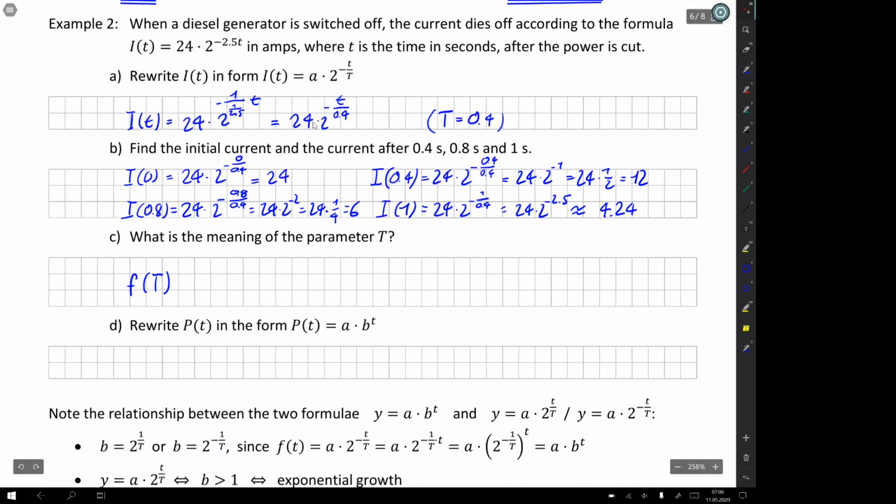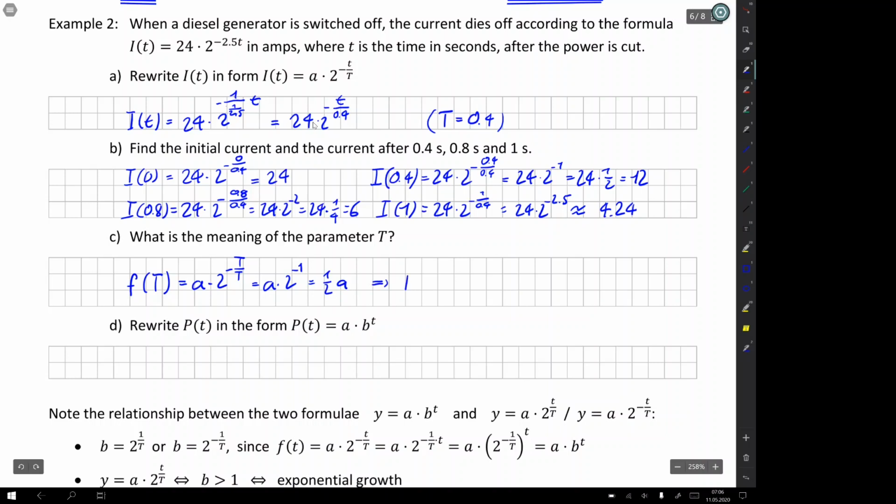f of t in the general formula is just a times 2 to the power of minus t divided by capital T. So we get a times 2 to the power of minus 1, which means a half times a.